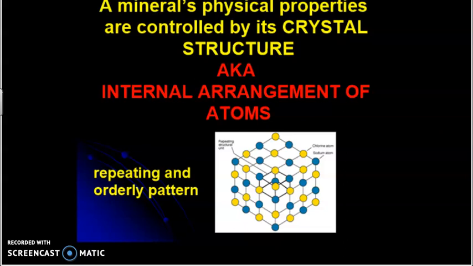The internal arrangement of atoms. If you look at this diagram, it's showing you a repeating and orderly pattern. This repeating and orderly pattern, it's a geometric arrangement of atoms, and it's held in place by bonds. We're going to look at a few examples.